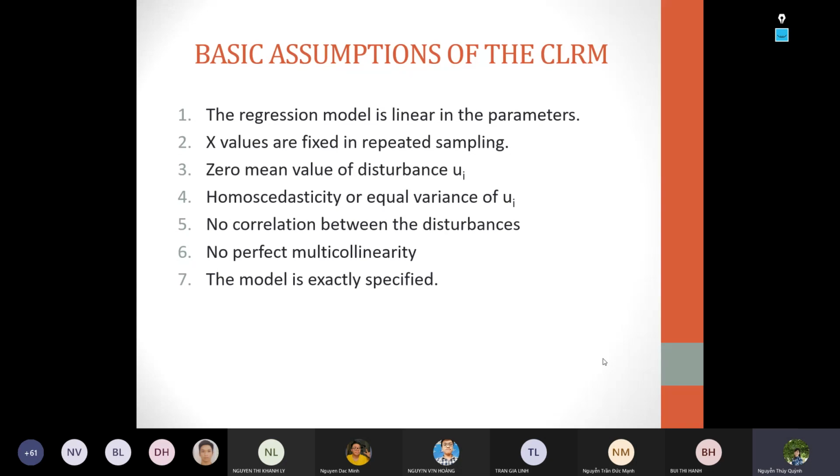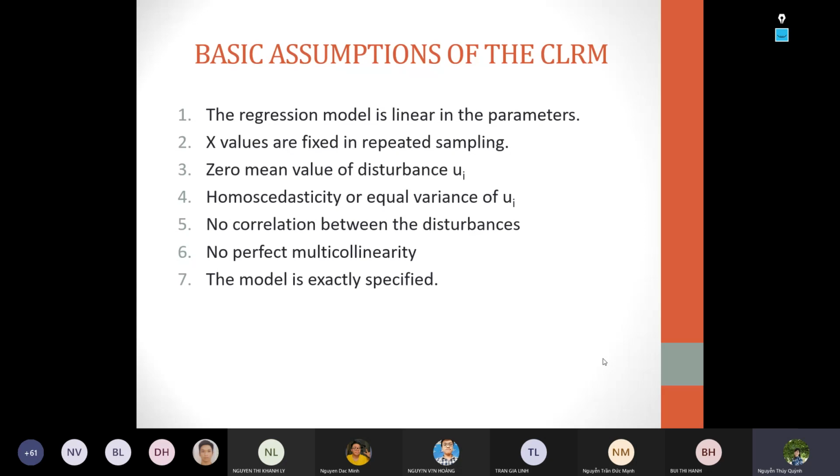The first one: the regression model is linear in the parameters. We already have this in the basic assumptions for the two variable regression model. Second, the x values are fixed in repeated sampling, which means the values of x are known or determined before we bring them into the regression model.